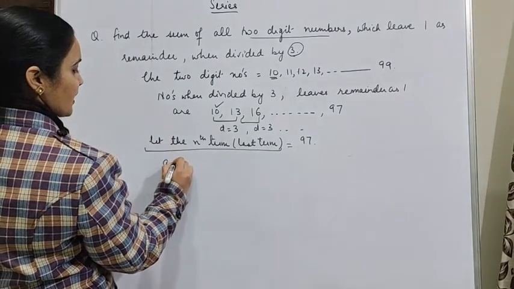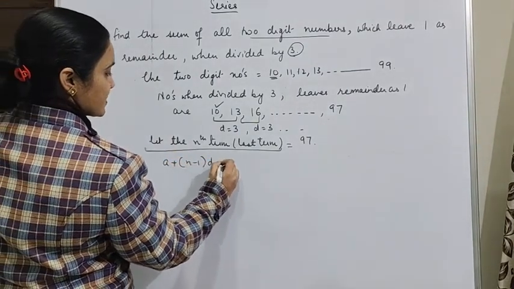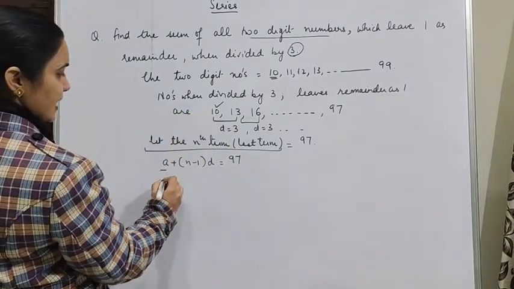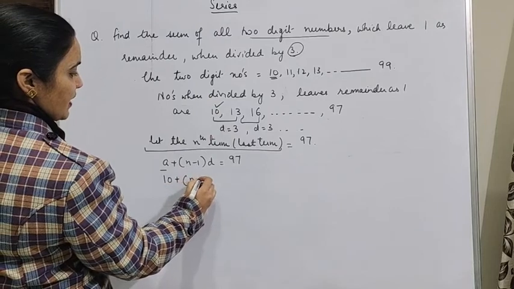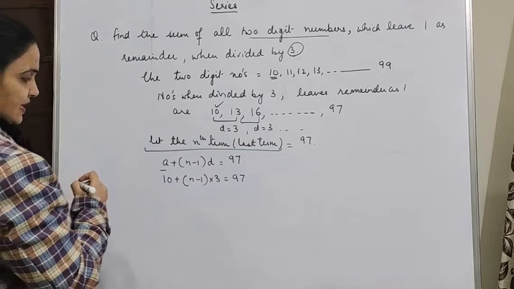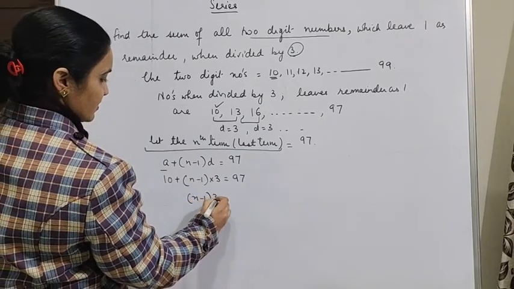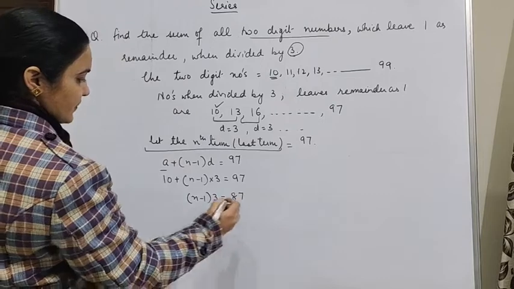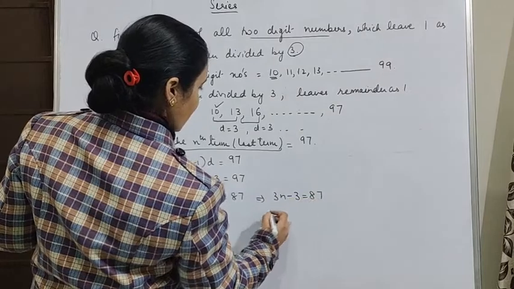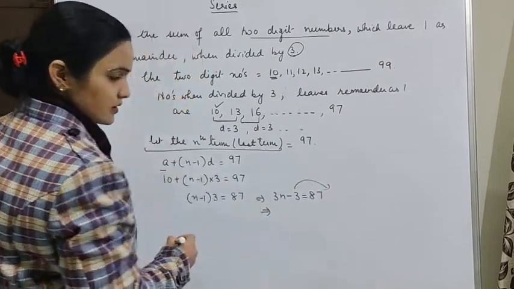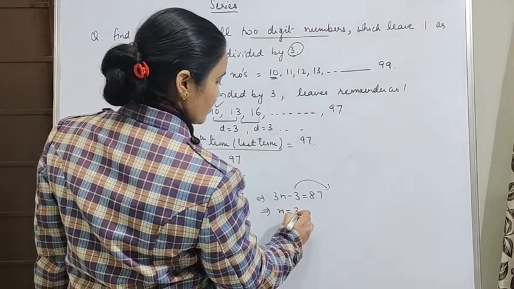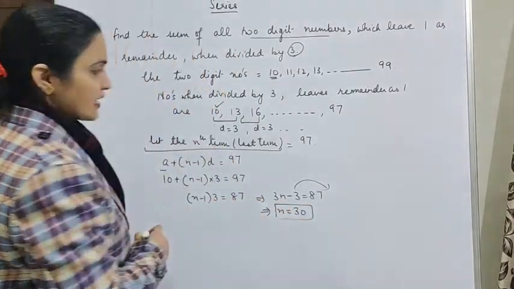A plus (n minus 1) times D is equal to 97. A is 10, D is 3, so (n minus 1) times 3 is equal to 87. This implies 3n minus 3 equals 87. Add 3, you get 90, divided by 3. So n is equal to 30.